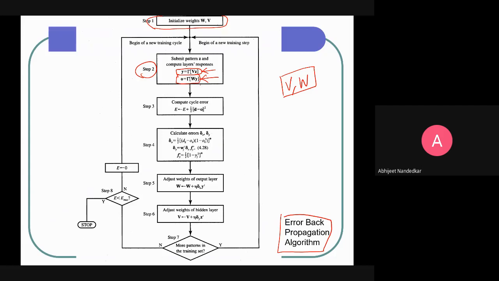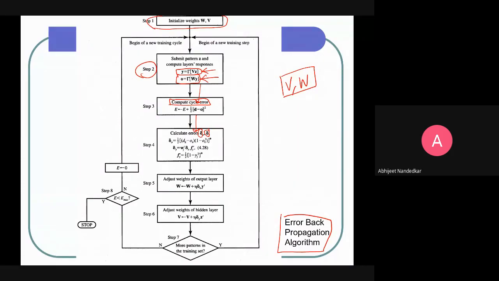Now once you do that, you compute error. This error is then used to calculate delta O, that is error signal for output layer, and delta Y, that is error signal for hidden layer.